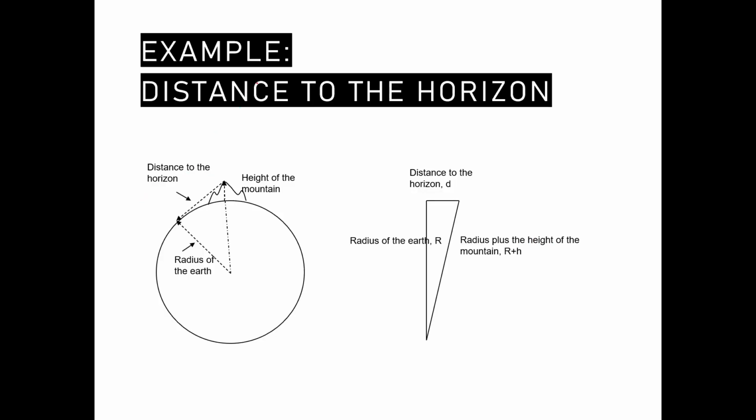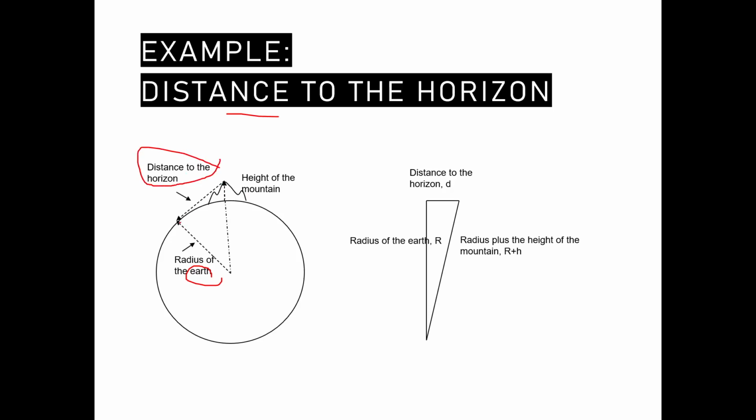Okay, now let's look at this example. Okay, so we want to calculate the distance to the horizon. So basically this is, okay, the circle here is the earth, okay, and then you have this height of a mountain, and then we want to calculate this one.